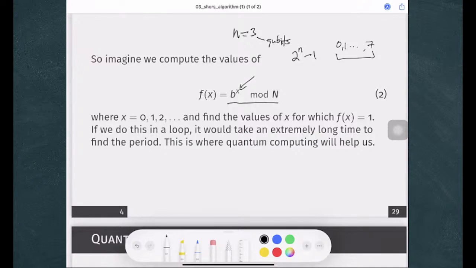So when f of x is equal to 1, this means that we have found our period. Our period is the exponent which allows us to get an answer of 1. That's the reason why we do this.